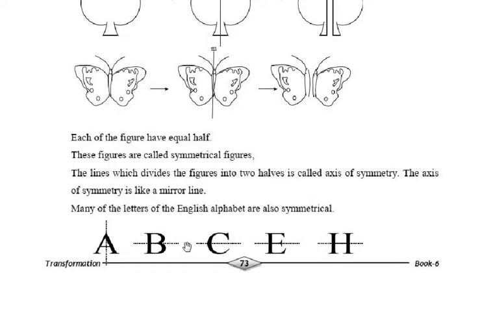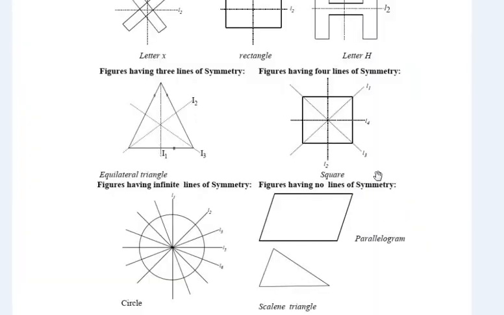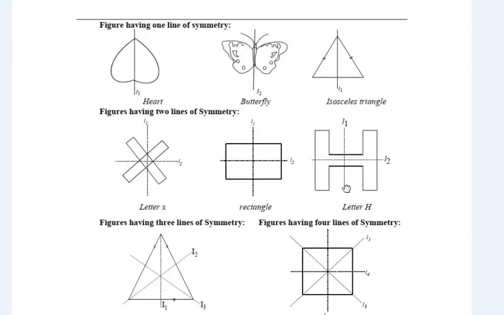This one is the vertical axis, and this one is the horizontal axis. If we draw a vertical symmetrical line in the letter A, it will be symmetrical. If we draw a horizontal line in B, then also it will be symmetrical. C is also symmetrical, E, and every other alphabet letter is symmetrical.